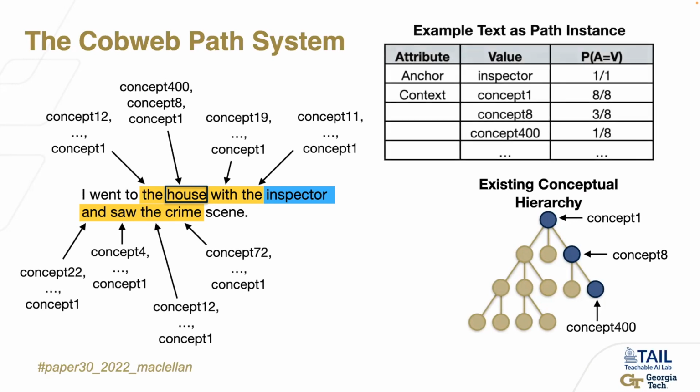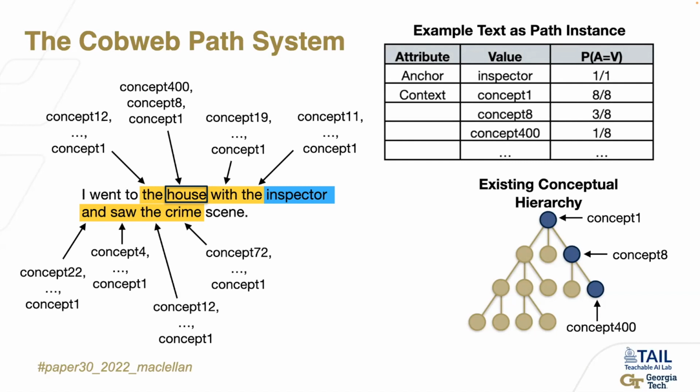We then build up an instance representation, similar to the leaf approach, that includes all of these labels. In this example, I'm just showing the context elements for the word house. So we have concept 1, concept 8, and concept 400. One interesting thing to note is that the root concept, concept 1, appears in all of the words, so we would have 8 out of 8, a 100% probability that that concept appears in the context.